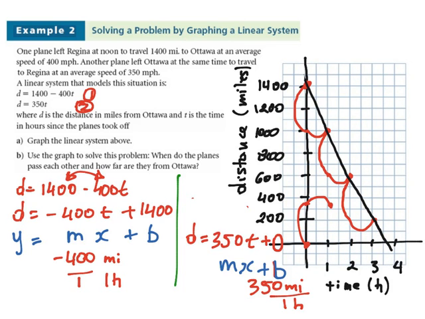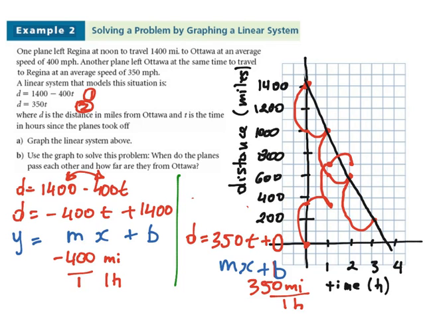Now again, we travel 350, and 350 plus 350 is 700, and 700 is approximately halfway between 600 and 800, and that's after 2 hours. So there's another point for you.